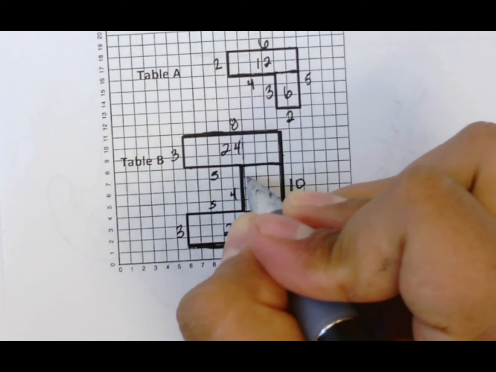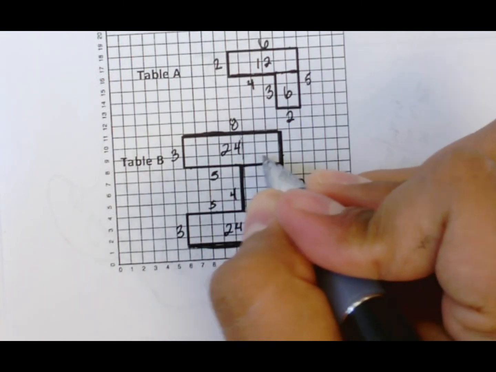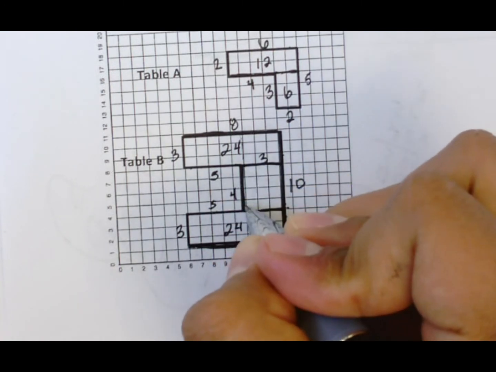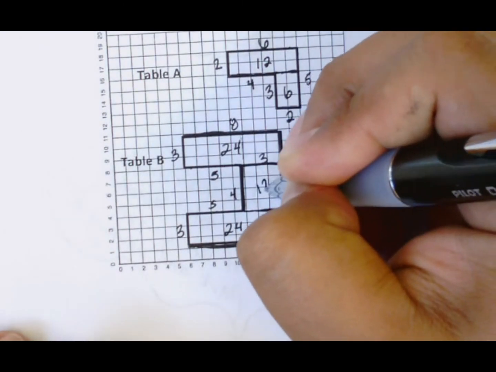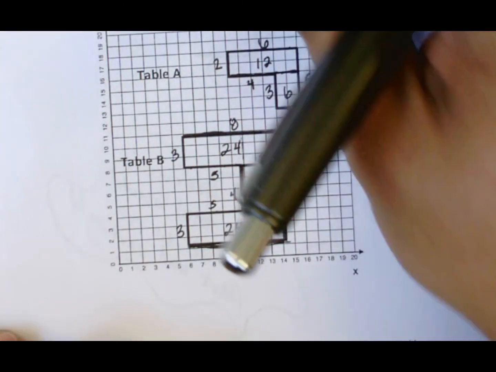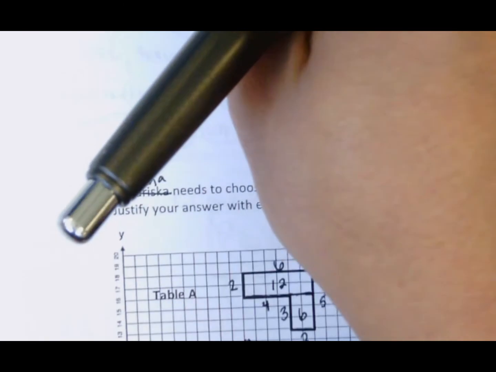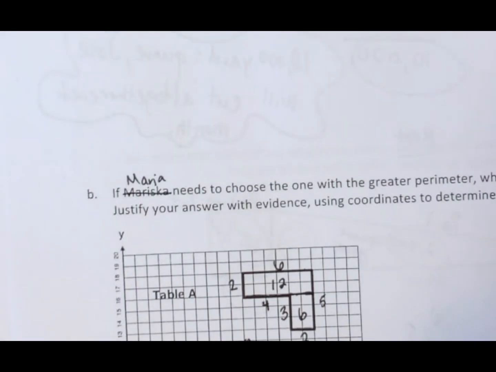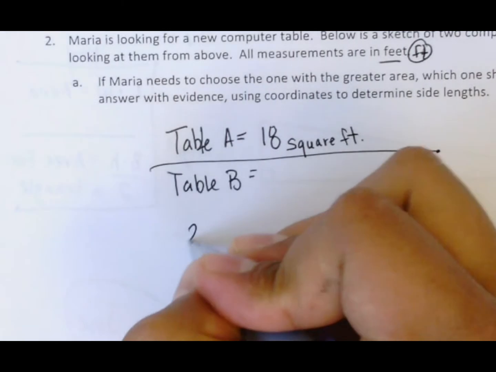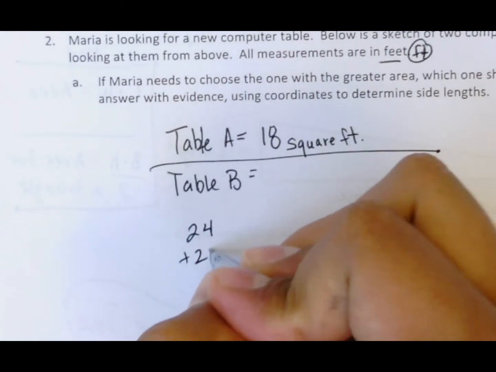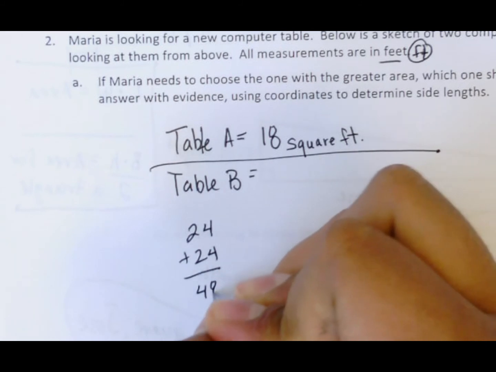What about this one? 3 by 4. What's 3 times 4? Okay, let's add them all together. 24 plus 24 plus 12. Just going to do the math. Why not do the math, right?